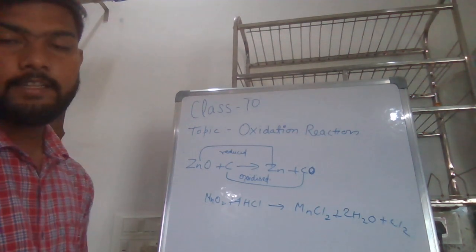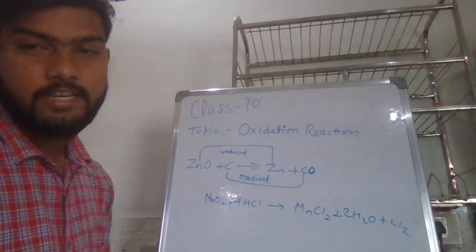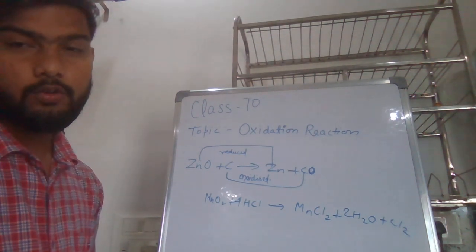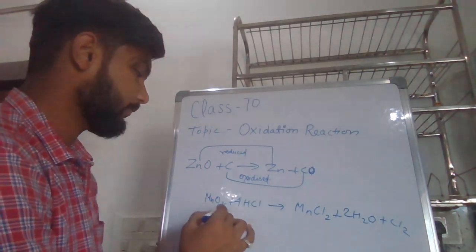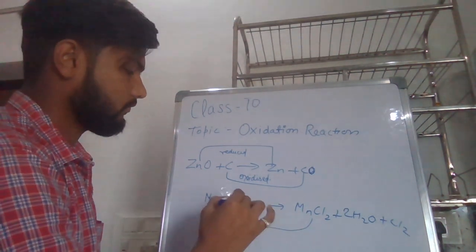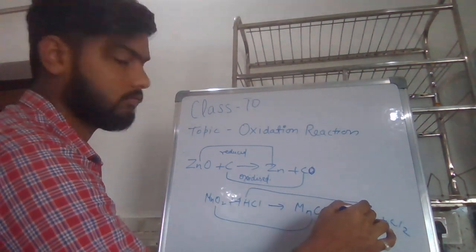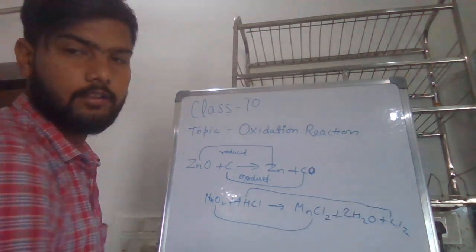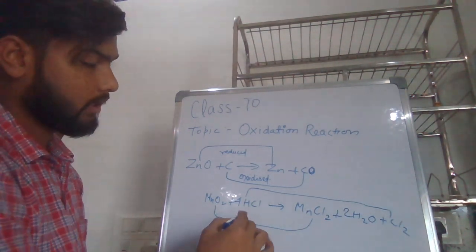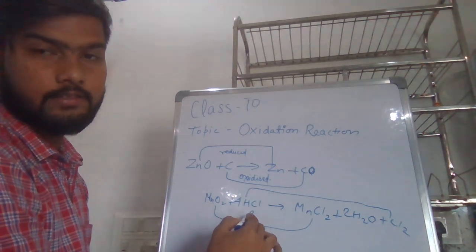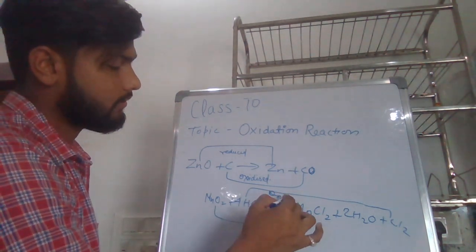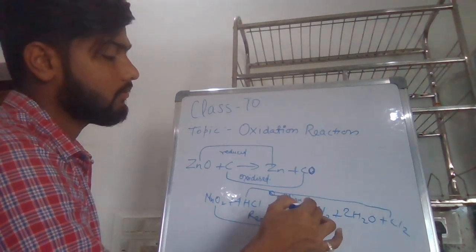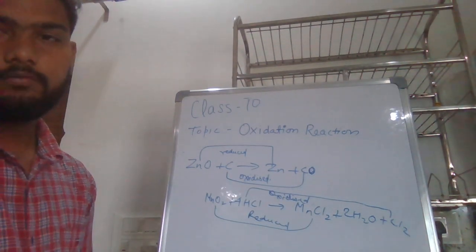In this reaction, HCl is oxidized to Cl2, whereas MnO2 is reduced to MnCl2. So MnO2 is reduced and HCl is oxidized. I hope everyone is clear till now.